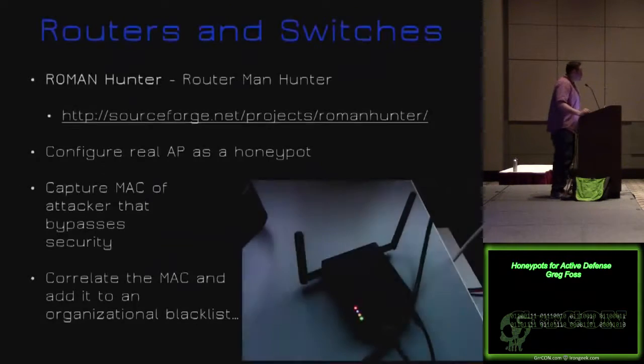So it's not just actual systems that you can imitate for honeypots. This is a project called Roman Hunter, AKA the Router Manhunter. This is essentially a high interaction honeypot, but it's actually a real access point that, whenever people gain access to it, just logs their MAC address. It's simple, right?